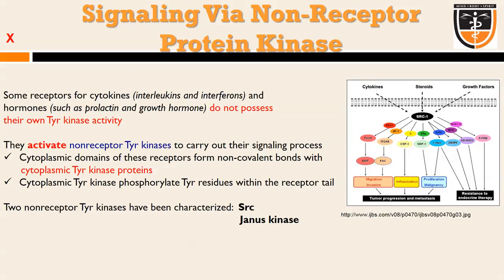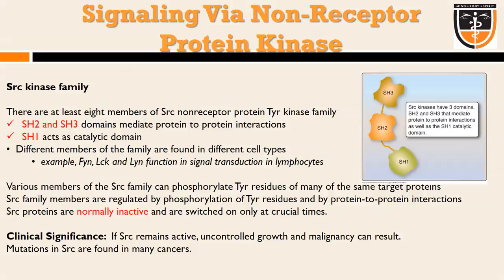I want to mention two tyrosine kinases that can be recruited by the catalytic receptors, and these are SRC and Janus kinase. So SRC protein kinase, there are at least 8 members of this family of SRC non-receptor tyrosine kinases.